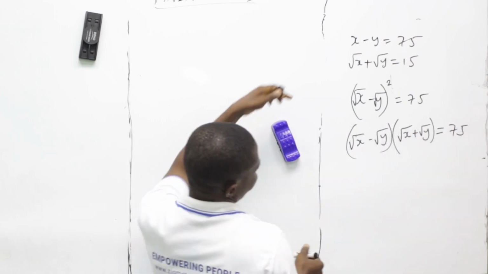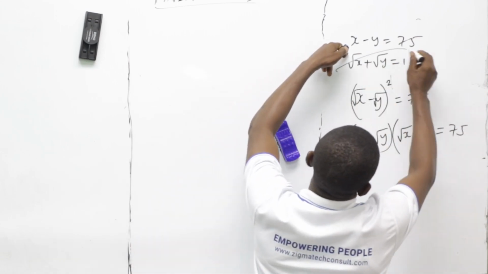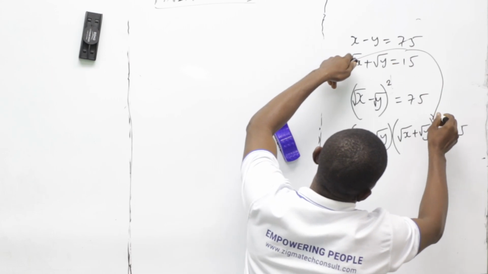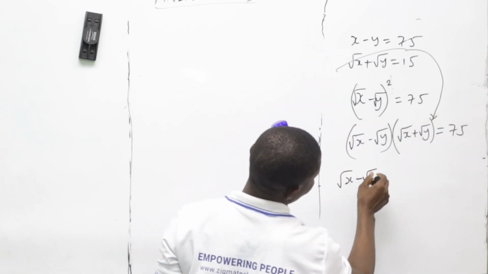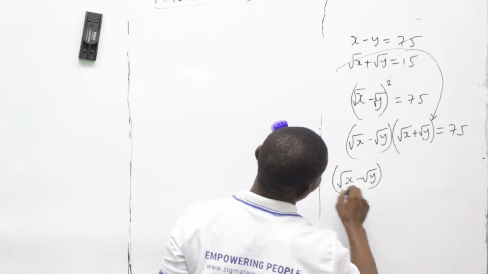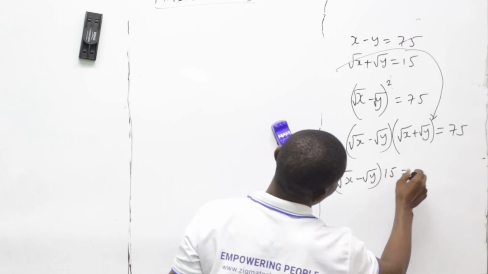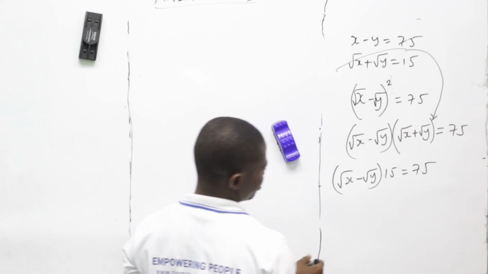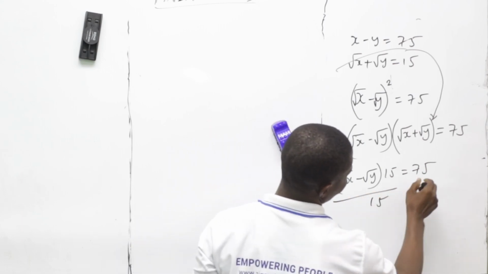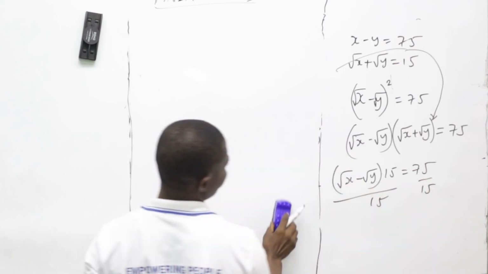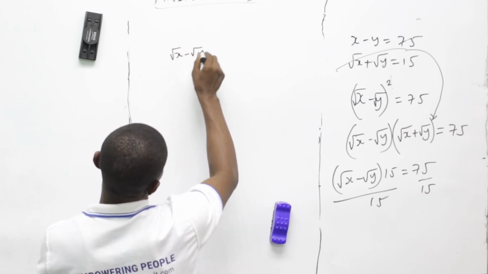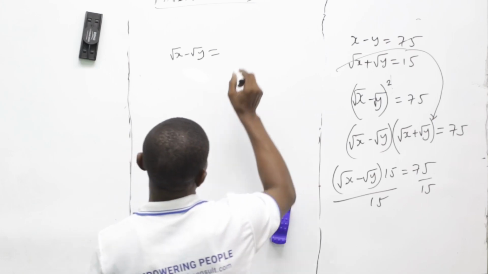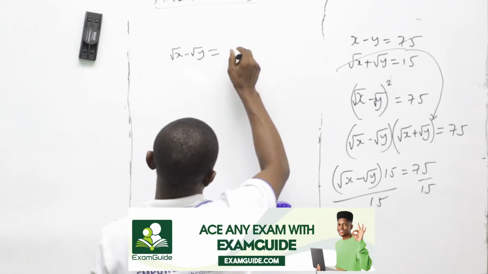So you can recall that this point is the same as this. So we now have root x minus root y multiplied by 15 equals 75. Dividing through by 15, we're going to have that root x minus root y equals 5.